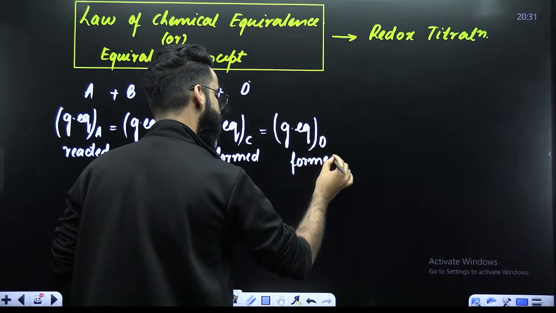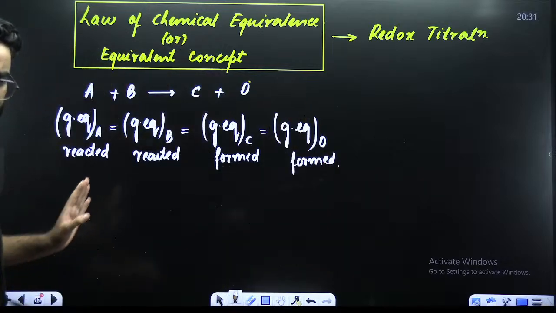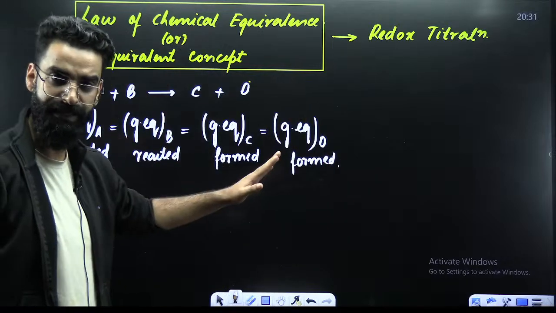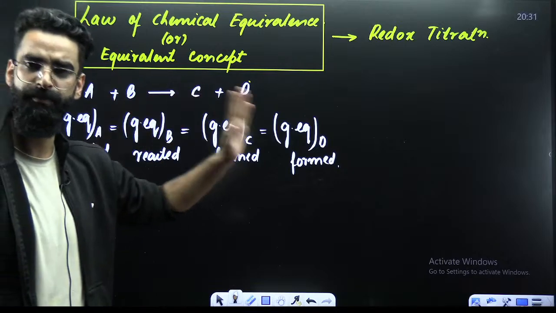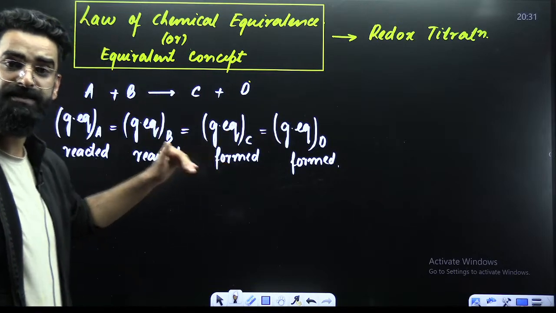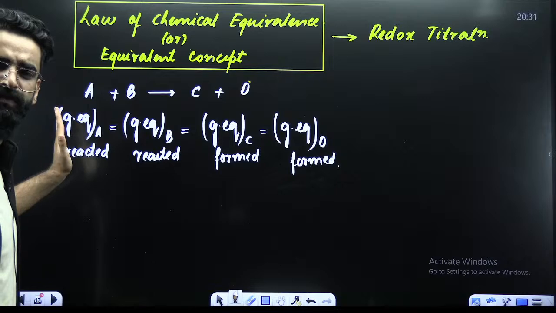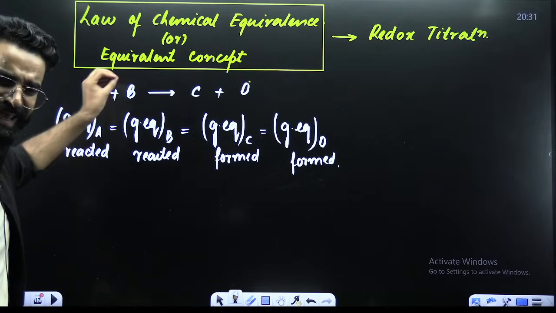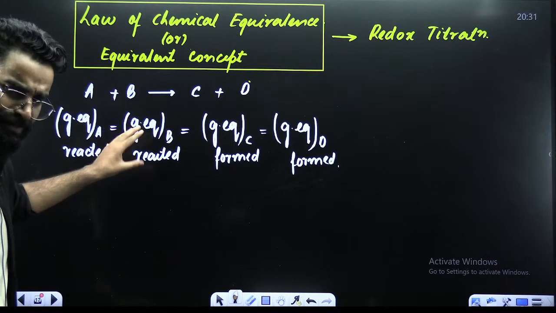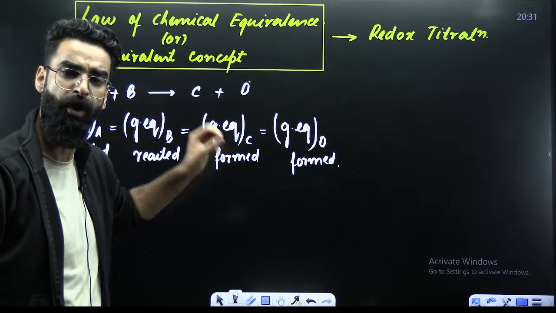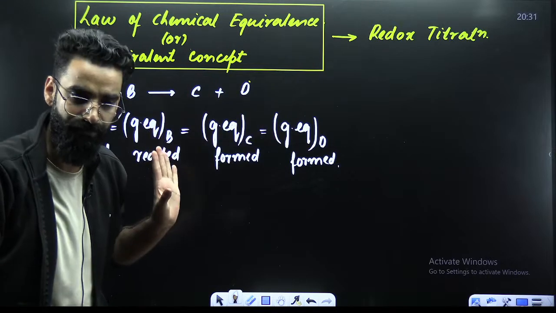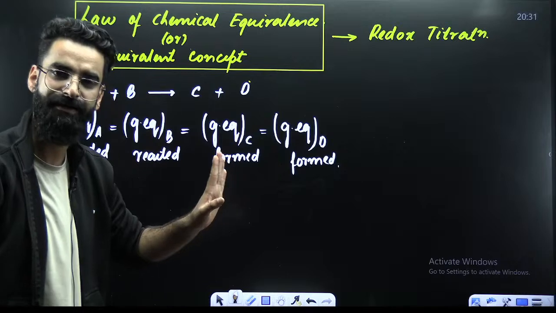As simple as that. Whatever gram equivalence of A has reacted, the same gram equivalence of B would have reacted, and the same gram equivalence of C and D would have formed.